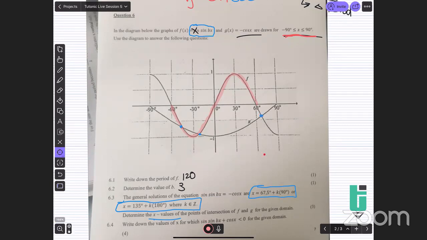Yeah, that's 67.5. Okay. And if k is 0 for this one, that's 135. Is that an answer? No. So then we try k equals minus 1. So if k is minus 1, then what is the answer?